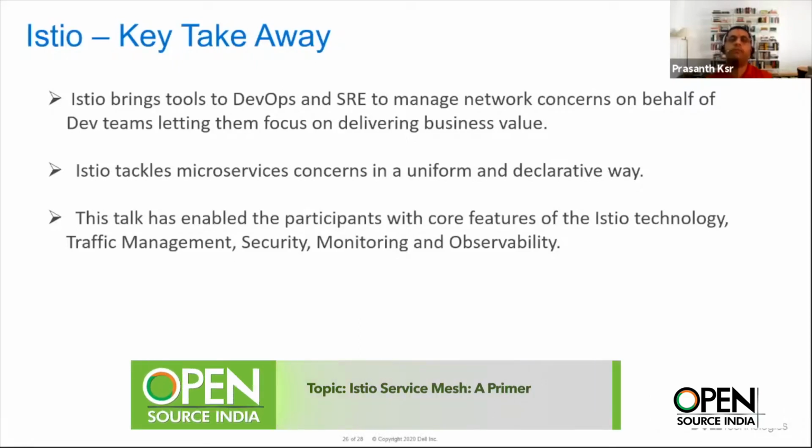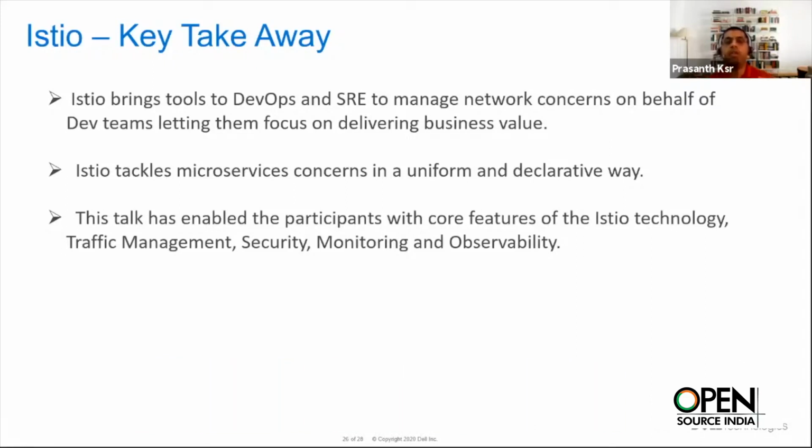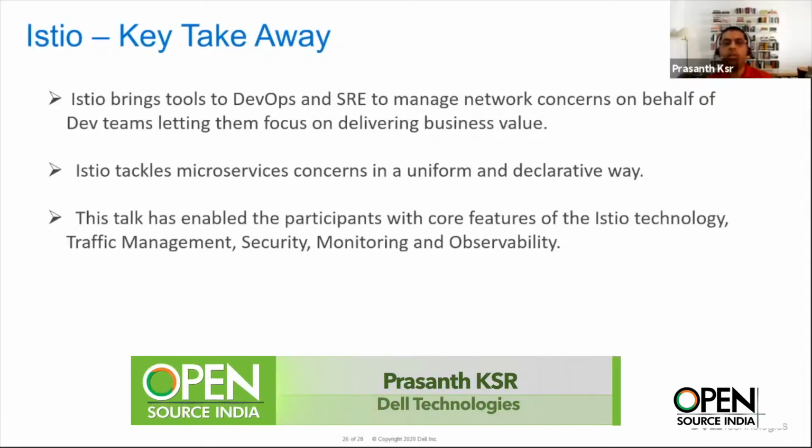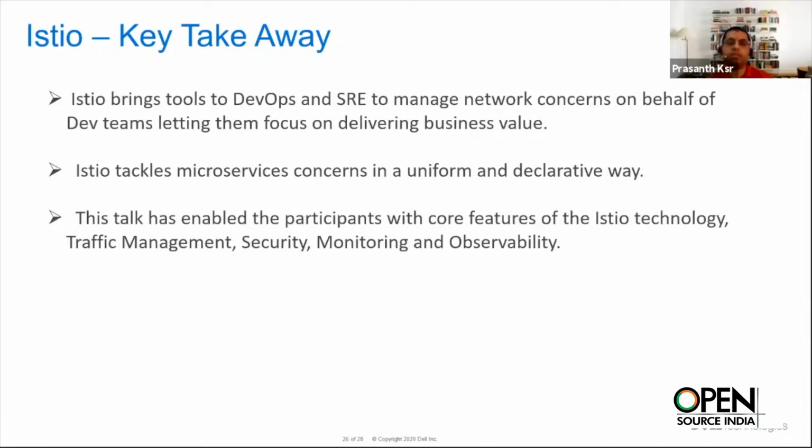As I said before, solving some of the issues you face with microservices requires zero touch on your code base. That's a key thing you have to understand. I hope you have been enabled to start using Istio and get all its advantages associated with traffic management, security, monitoring, and observability.